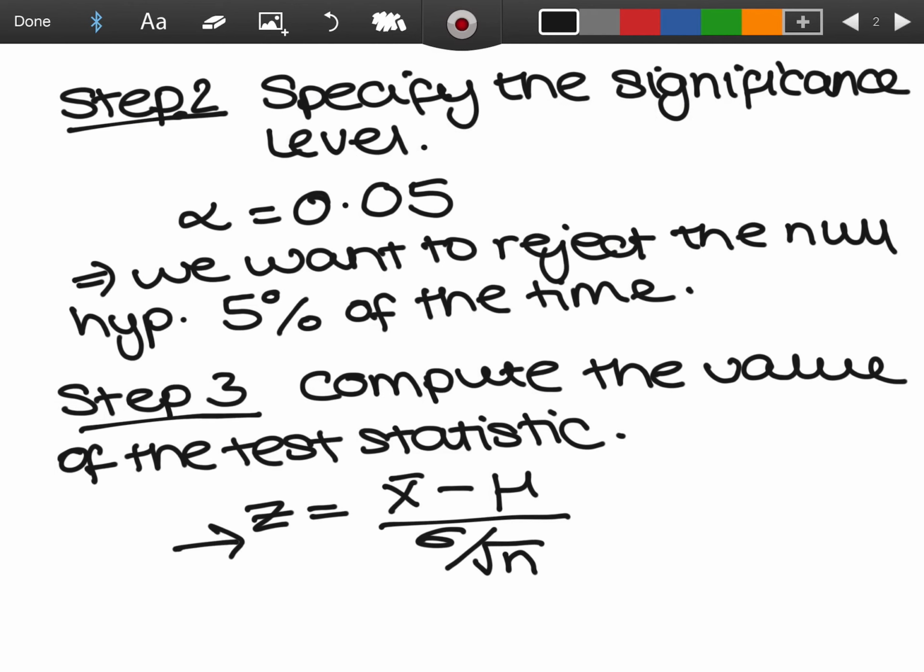So you can write this down so that you've got a definition. This is going to be your test statistic. It's always going to be the same with any type of problem like this. You're always going to end up doing a Z transformation, or as we'll do in 11.2b, a T transformation, but we'll do that later on. So what we need to do here is compute this value.